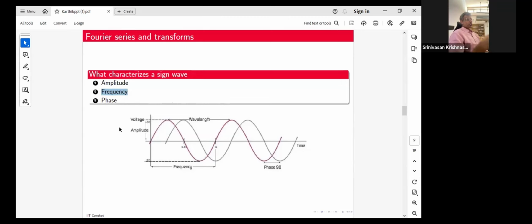That means you may start hearing the sound a little later; you may have a delay. So any linear time invariant system essentially changes the amplitude and phase of the sine wave, but keeps the frequency exactly the same. I hope this is clear.